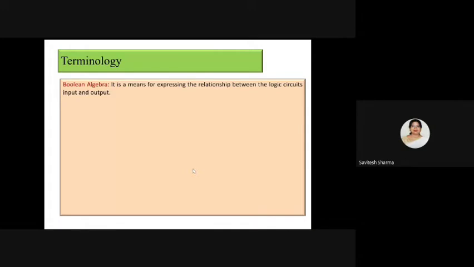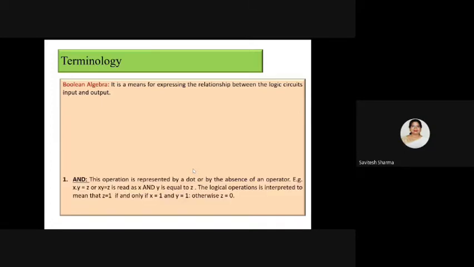It seems similar to the mathematical algebra we already studied in intermediate, but some differences are there. We will see. Just remember that this is the way to express the input and output relation.